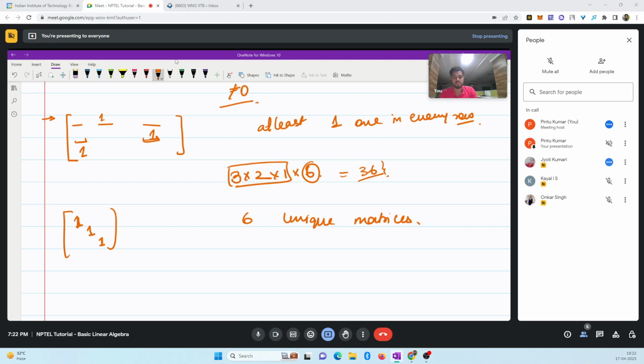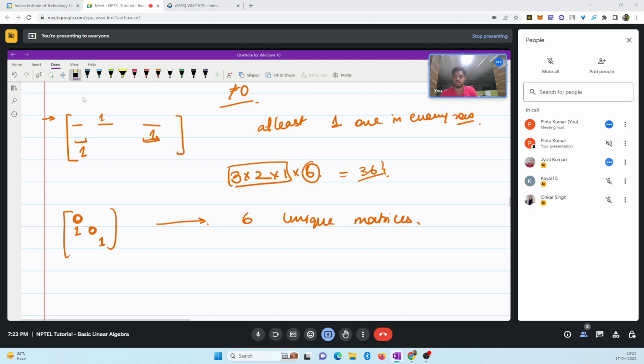Once you have fixed the diagonal, now let's say this entry became 0, and this entry became 1 and this entry became 0.